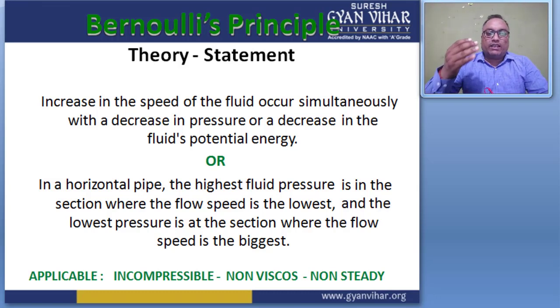In a horizontal pipe, the highest fluid pressure is in the section where the flow speed is lowest, and the lowest pressure is at the section where the flow speed is highest.